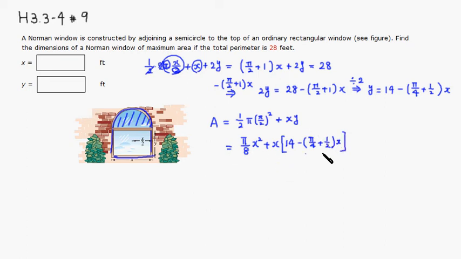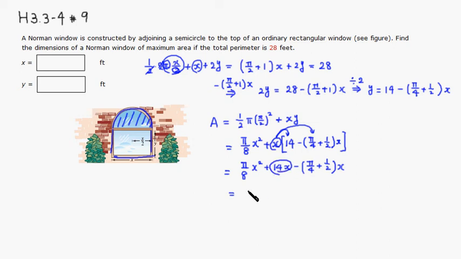Let's multiply out. You're going to get pi over 8 x squared plus 14x, I'm just distributing x. And if you distribute x here, you get a negative quantity pi over 4 plus 1/2 times x. We can combine this to make it look nicer.